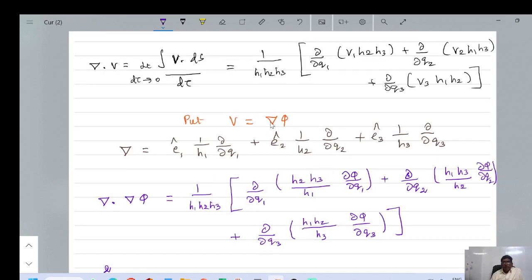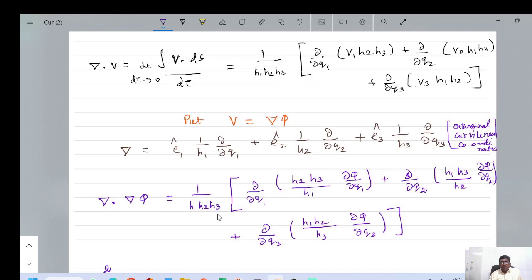If you replace v by the gradient of a scalar function, grad phi, then the gradient operator in orthogonal curvilinear coordinates is e1 cap 1 by h1 ∂/∂q1 plus e2 cap 1 by h2 ∂/∂q2 plus e3 cap 1 by h3 into ∂/∂q3. The gradient operator in orthogonal curvilinear coordinates is this much. Now del dot v is this much.